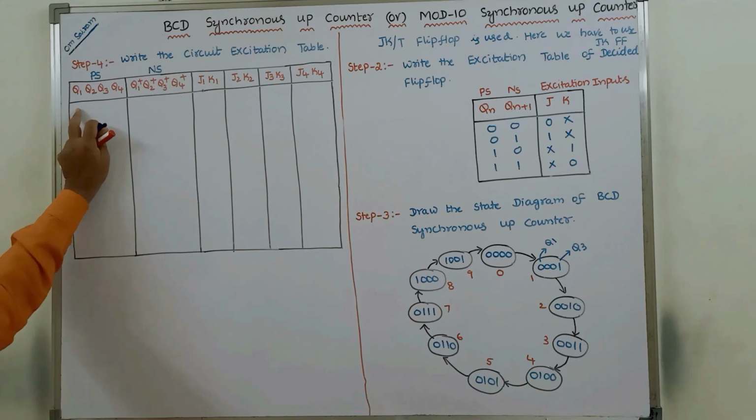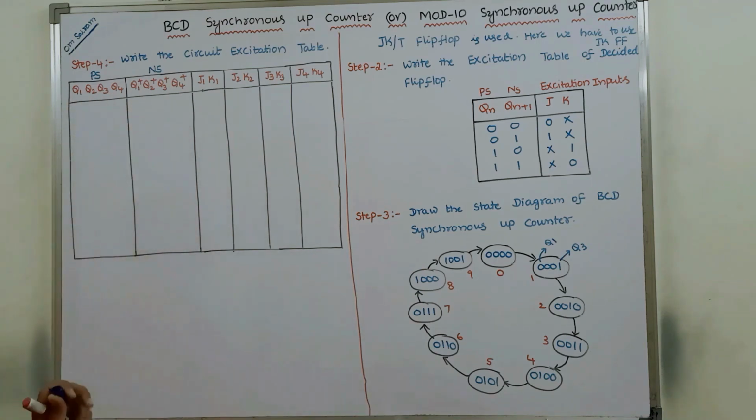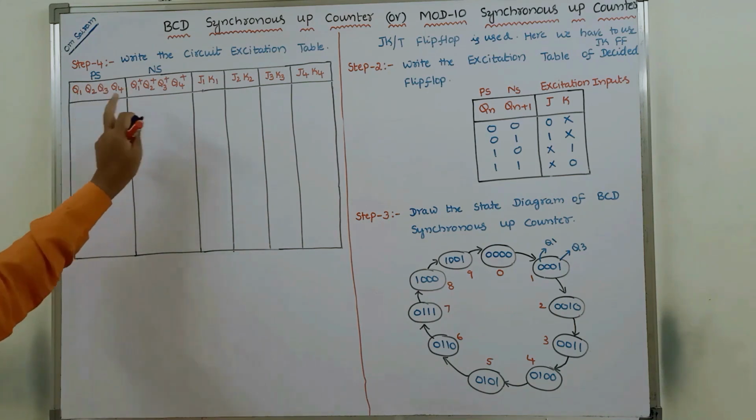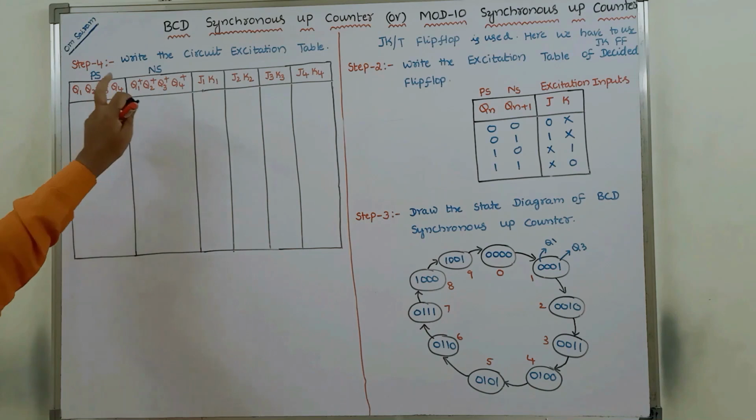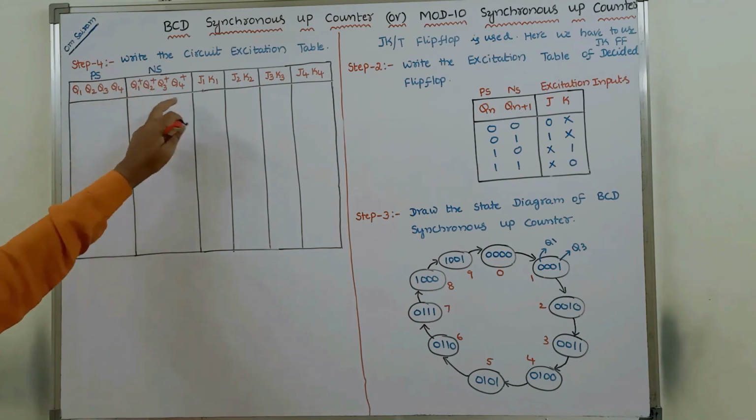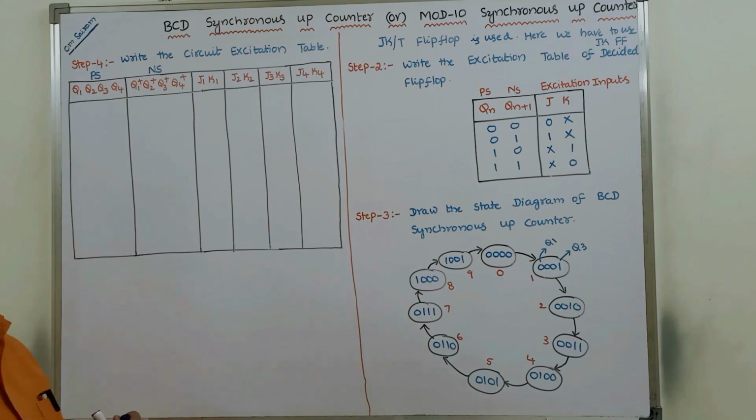For Q1, the next state is Q1 plus. For Q2, the next state is Q2 plus. For Q3, the next state is Q3 plus. For Q4, the next state is Q4 plus.